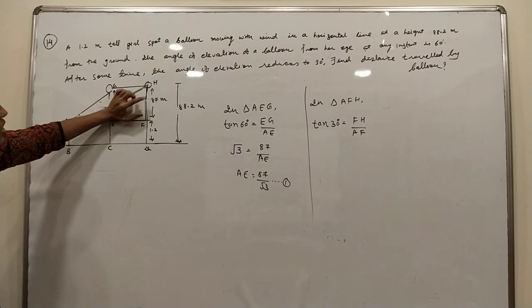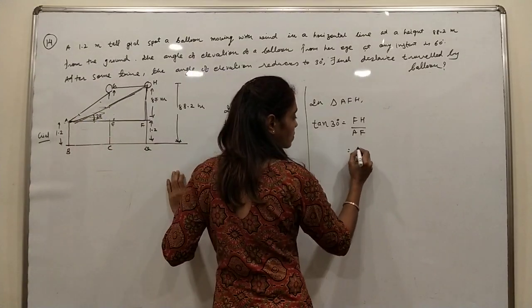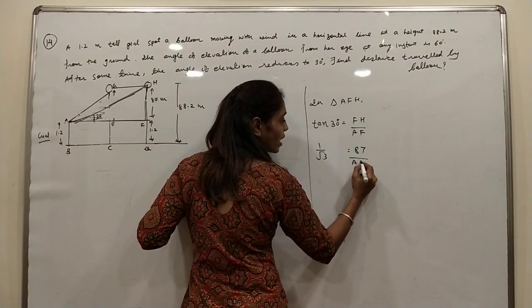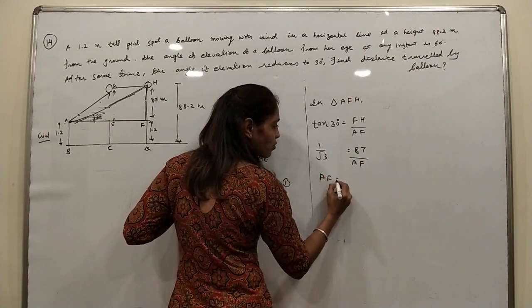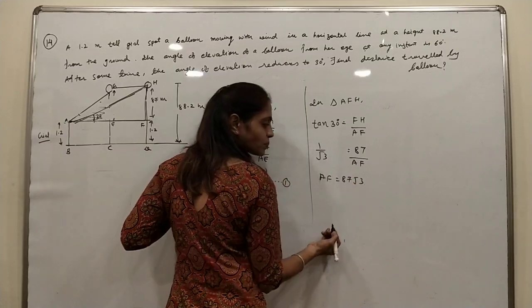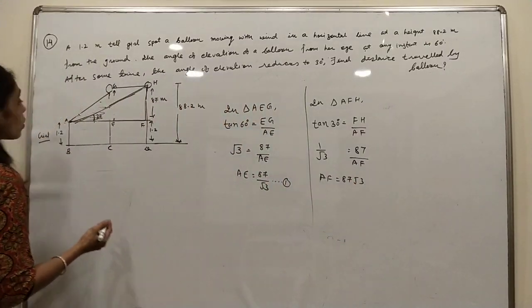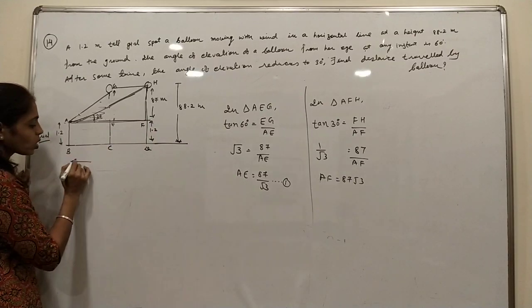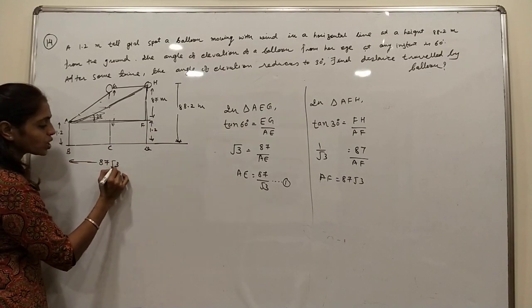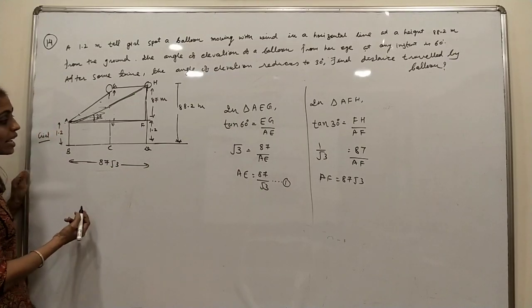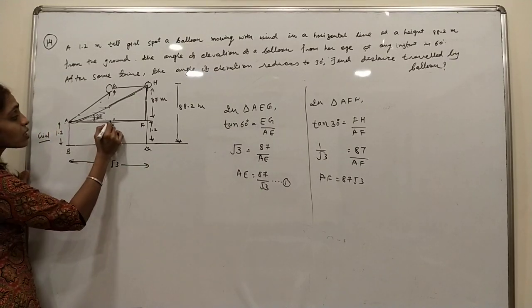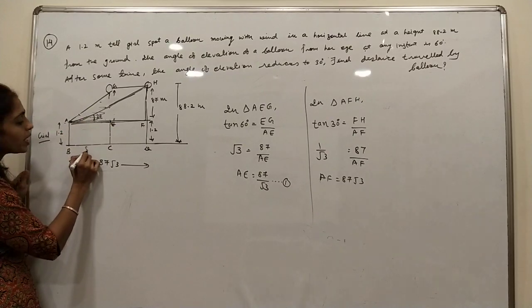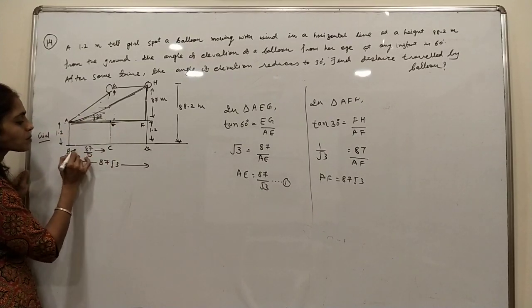Now FH is 87. Tan 30 is 1 upon √3, so 1 upon √3 is 87 upon AF. So AF is 87√3. Now AF is equal to BD, so that is 87√3, right? And this AE distance is equal to 87 upon √3.